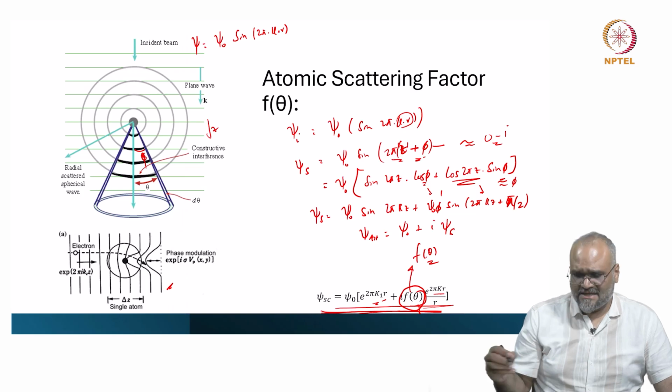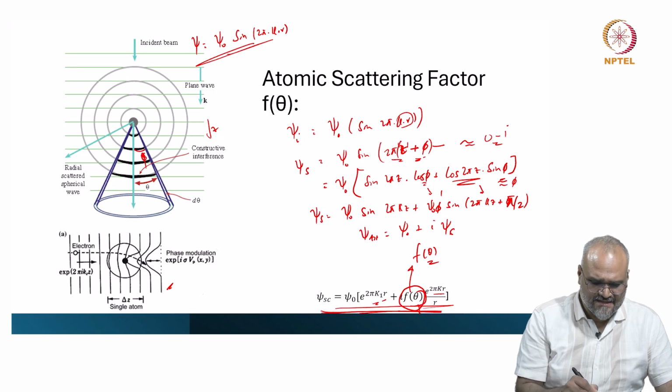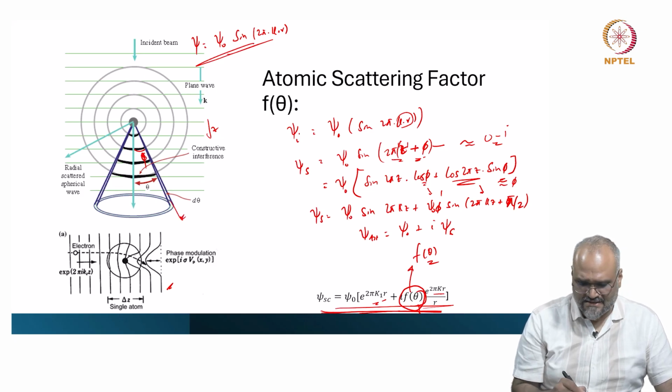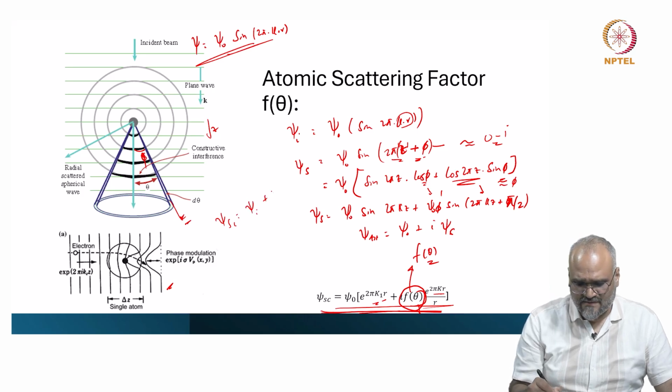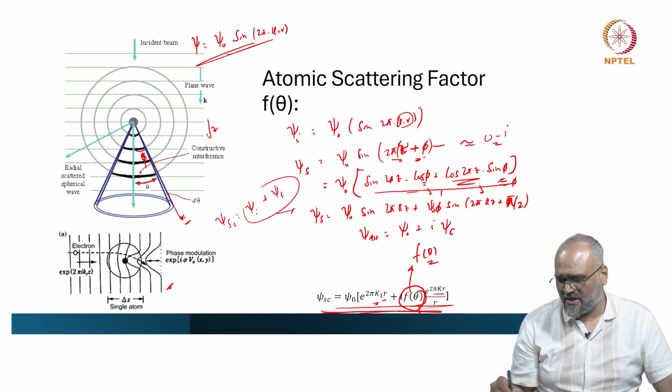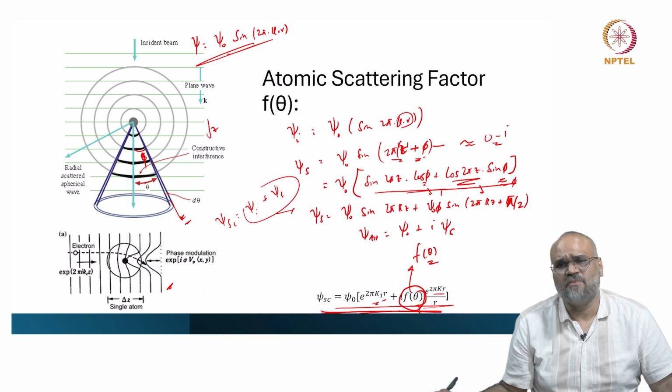That means, if I have two waves, let us say this is incident and it is propagating forward, and it is interacting with this wave which is deviated through an angle, say theta or phi here. The total scattered wave can be written as the sum of two complex numbers, psi incident plus psi scattered, and from here we made a small simplification where we made the angle of scatter extremely small and arrived at this expression.